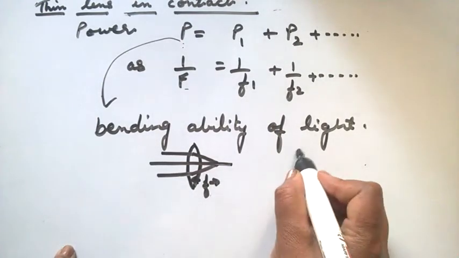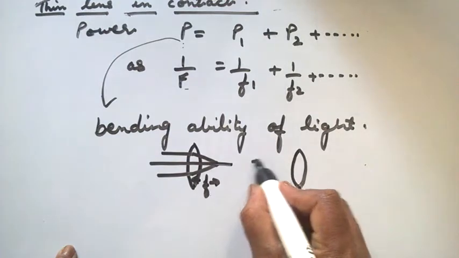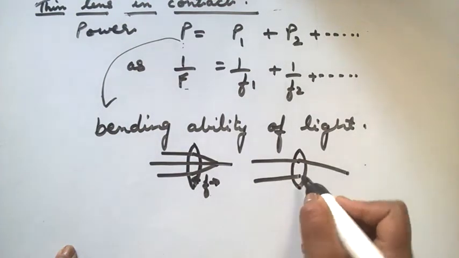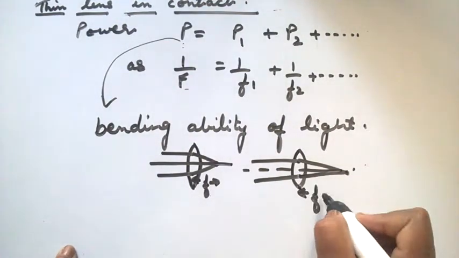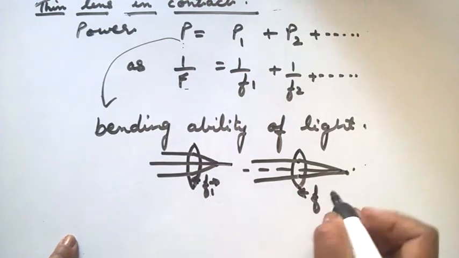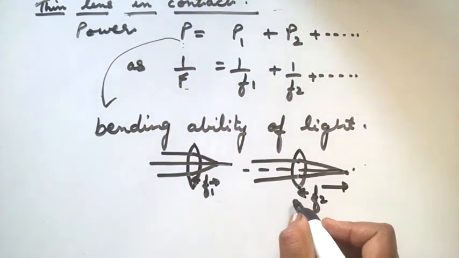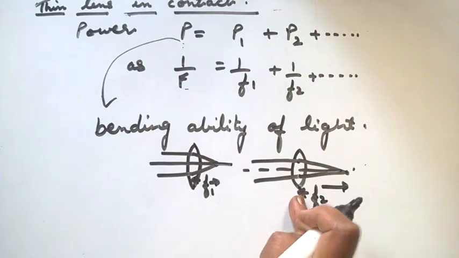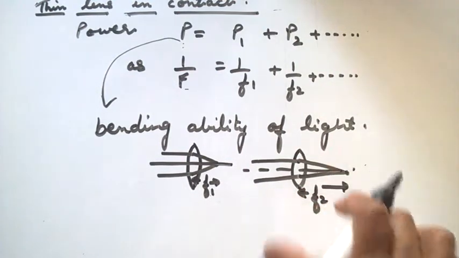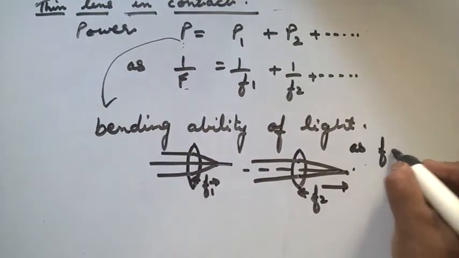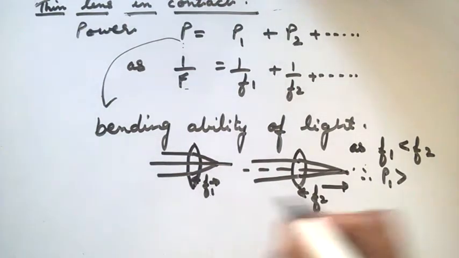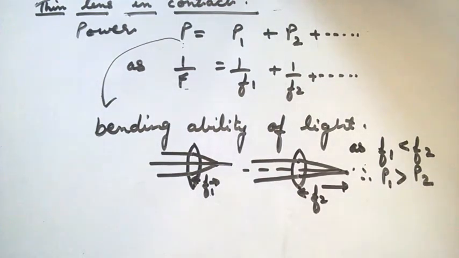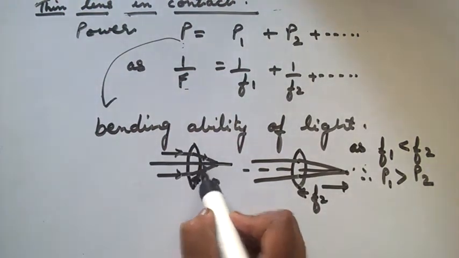And now if the lens is this way and the image formed is here, the focal length is more as compared to this, so the power of this lens is less. So we can write f1 is less than f2, therefore the power of the first lens is more than the power of the second lens, as here we can see that it converges more.